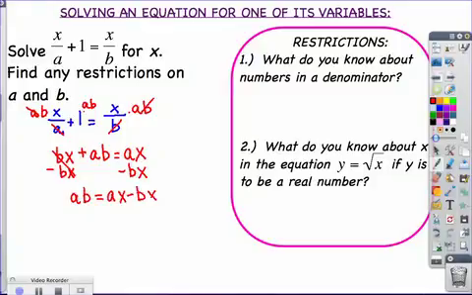Therefore, we look through our question, both the work and our answers, to determine what A and B cannot equal. So from the beginning of the question, A is in a denominator, and this tells us that A cannot equal 0. B was also in the denominator, so B cannot equal 0.